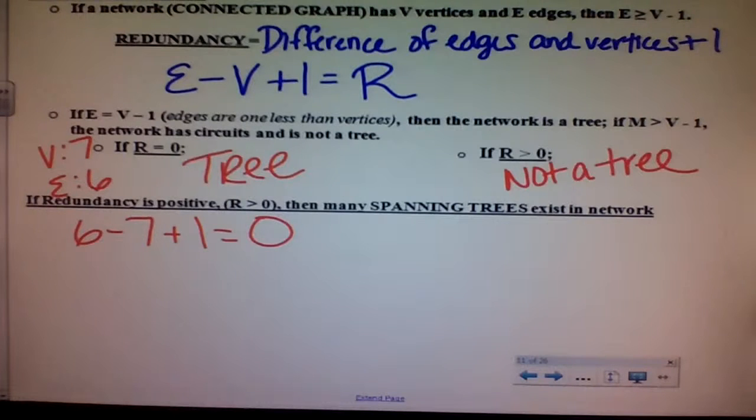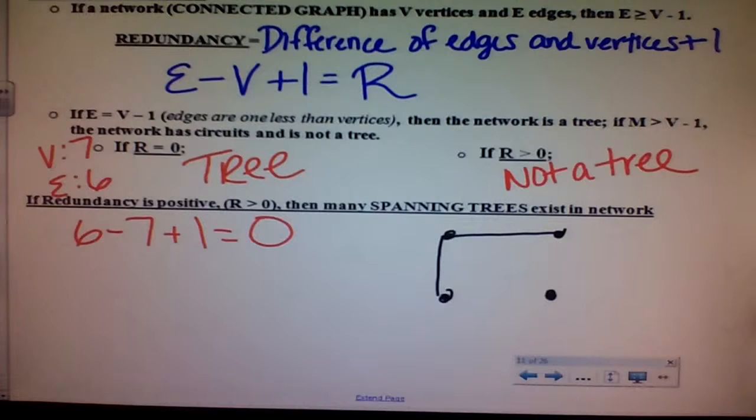Questions? Thomas asked, why can't this be less than 0? So here's why. If I have 4 vertices and I draw this, why is this automatically not a tree?